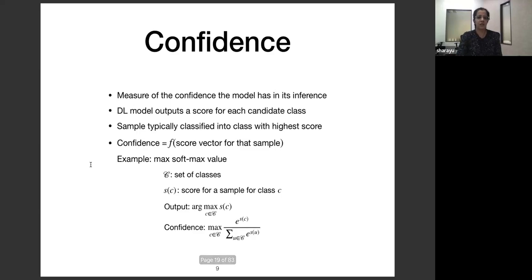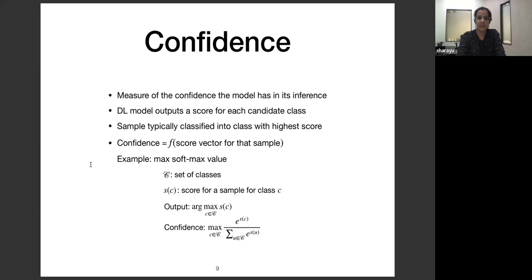To make these concepts more concrete, consider a multi-class classification problem where script C, or calligraphic C, is the set of possible classes into which we are trying to classify every sample. Now, for each sample, the model generates a score for each class.